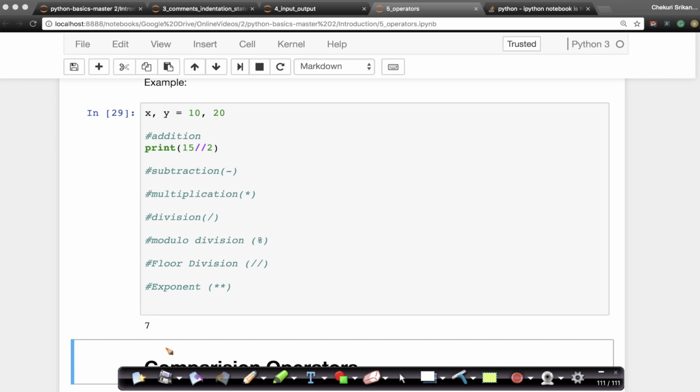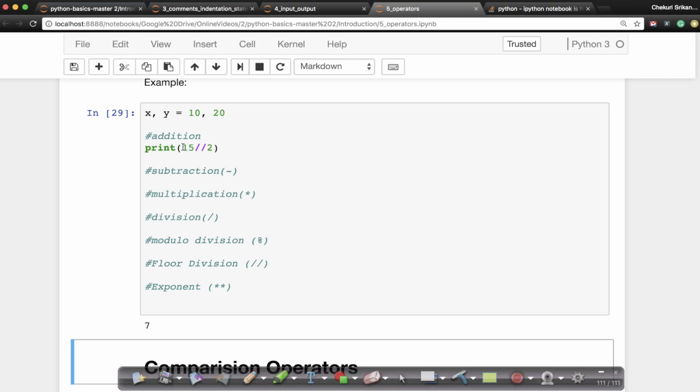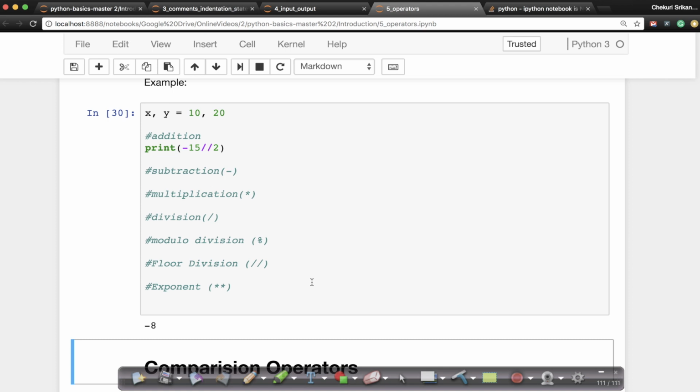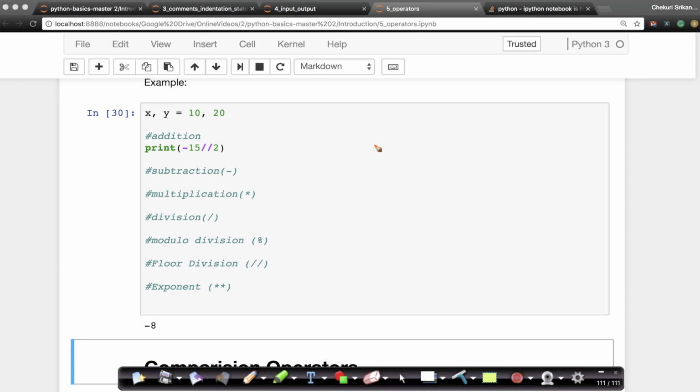Now the next interesting question is, what happens to floor division if I do minus 15 floor division 2? This is a fun hack, because minus 15 by 2 is minus 7.5. On my number line, here is my 0, here is my minus 7, here is my minus 8, right?